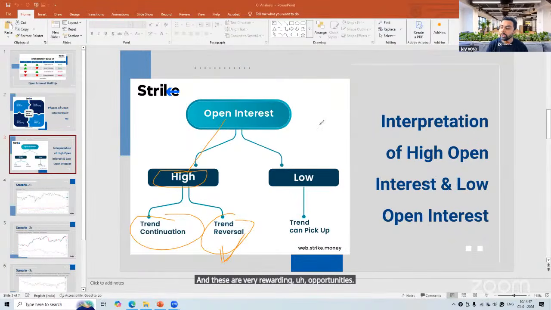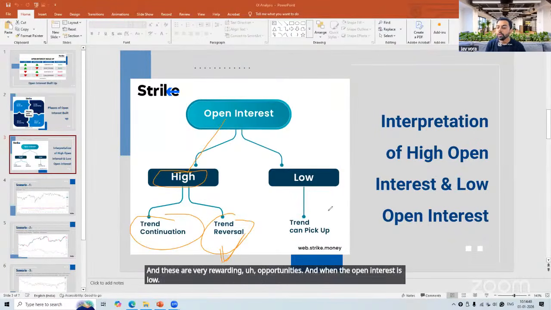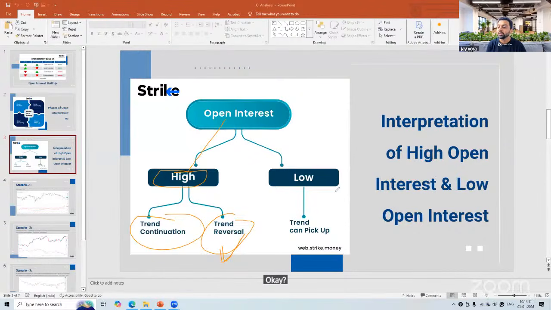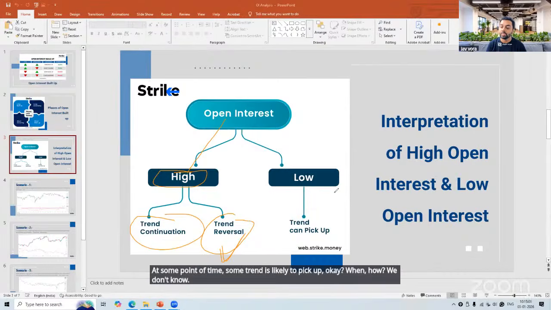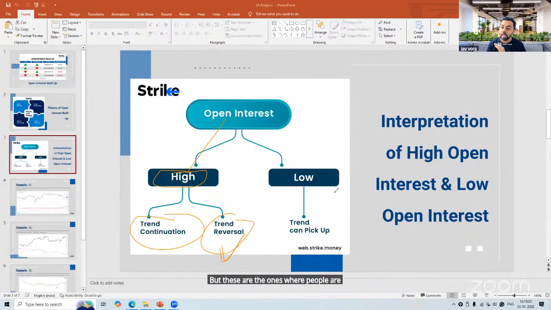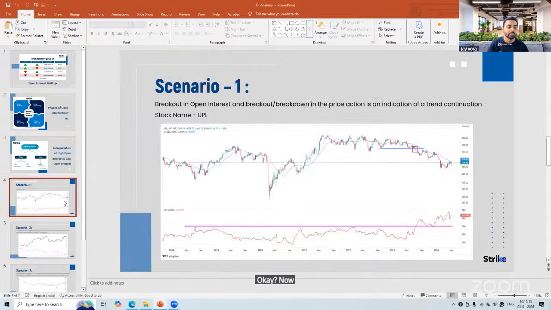And when open interest is low, it usually tells you people are not interested in this stock. At some point of time, some trend is likely to pick up. When, how, we don't know, but these are the ones where people are positioned absolutely neutral on that stock. So again, you have to keep them on the radar. Now I'll explain with some examples.